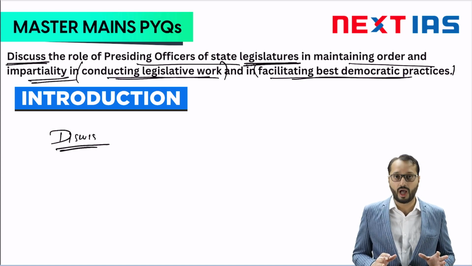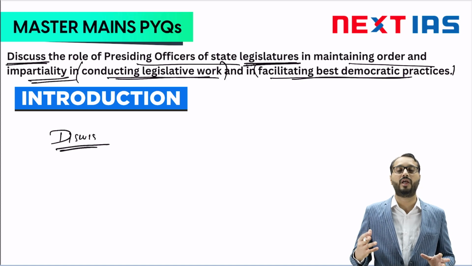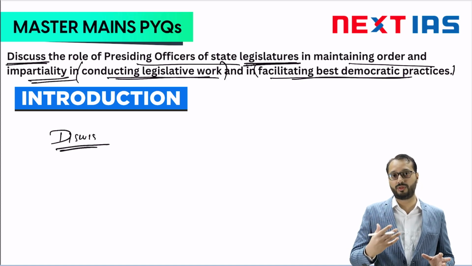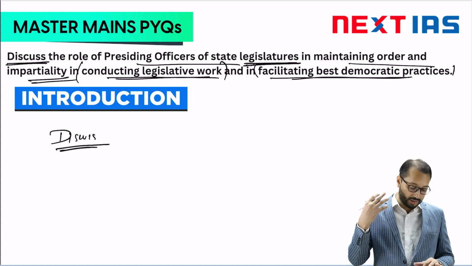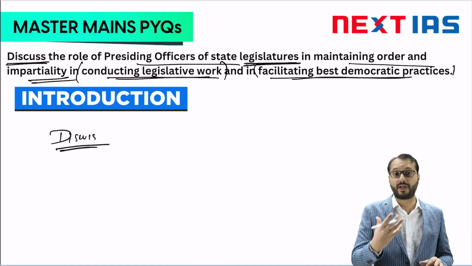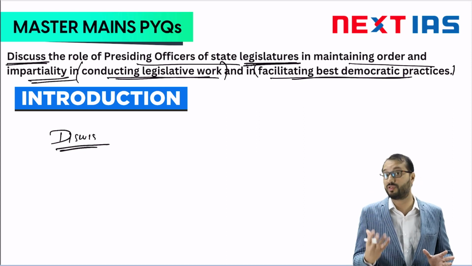What is the context of the question? Based on the context, the student has to understand whether he has to bring out that critical aspect of the debate that is underlying in the discourse of the question.